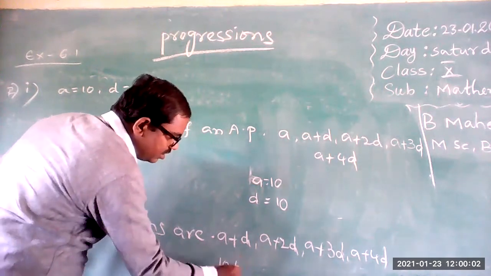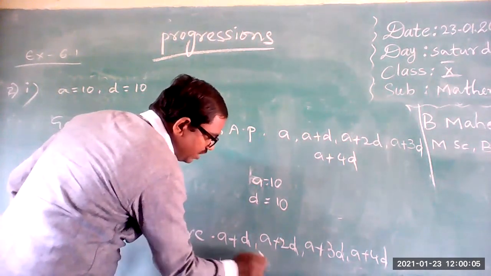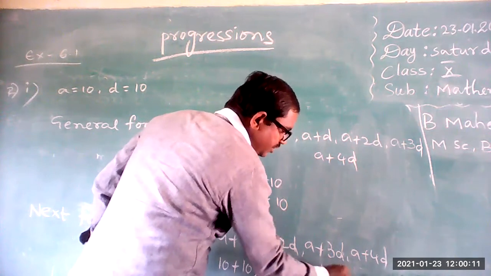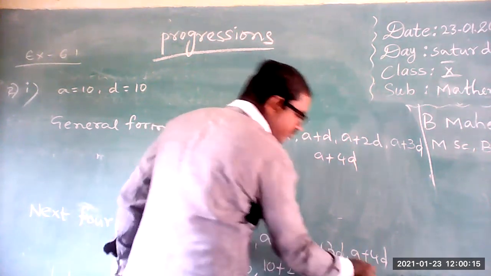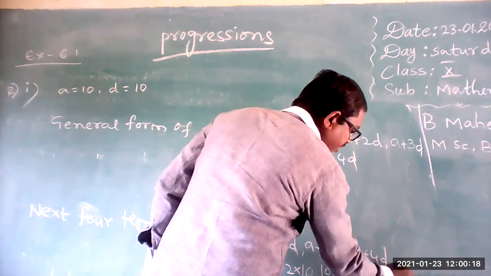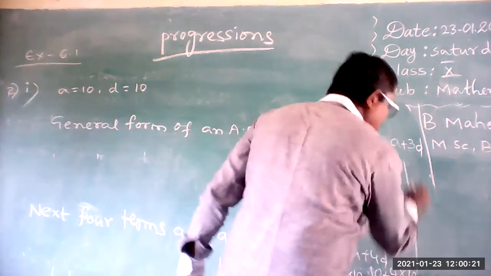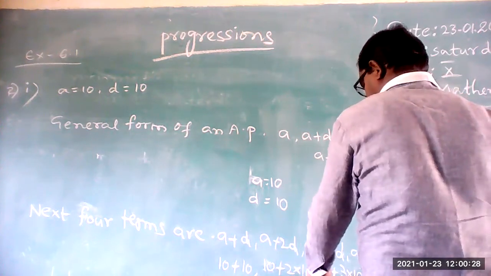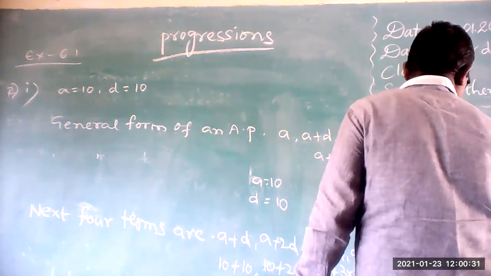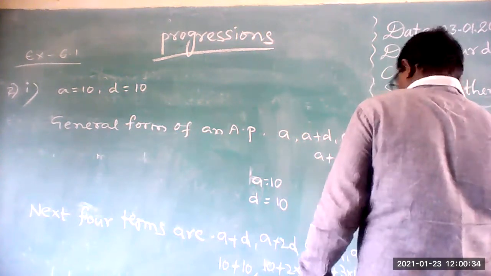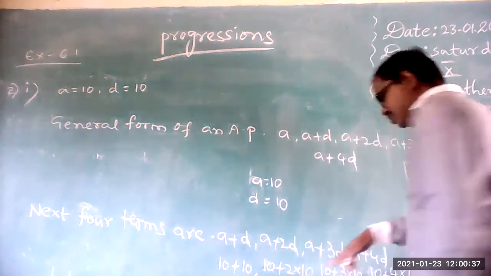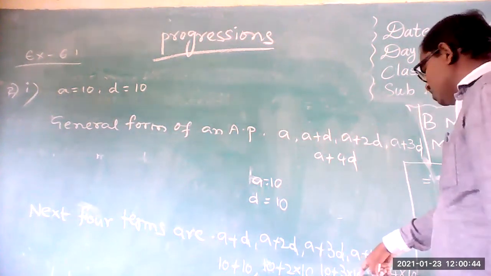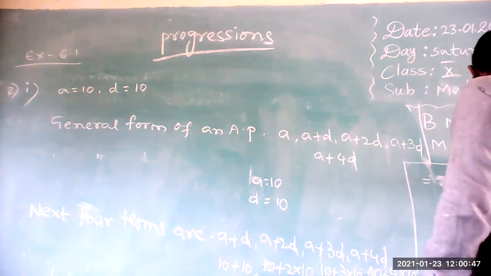With A equal to 10 and D also 10: 10 plus 10 is 20, 2 tens are 20 plus 10 is 30, 3 tens are 30 plus 10 is 40, next 50.